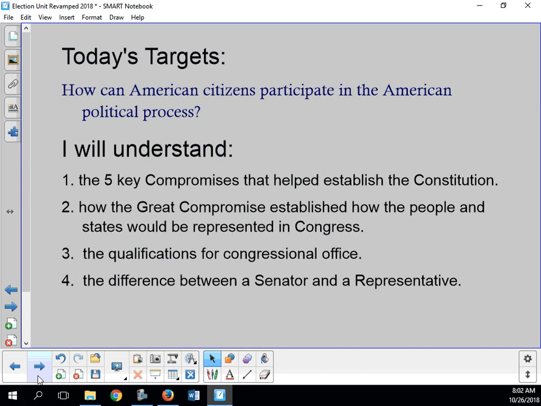Just put it right underneath the unit targets. And we're going to look at the qualifications for being in a congressional office. And finally, we're going to look at the difference between a senator and a representative. How exciting!